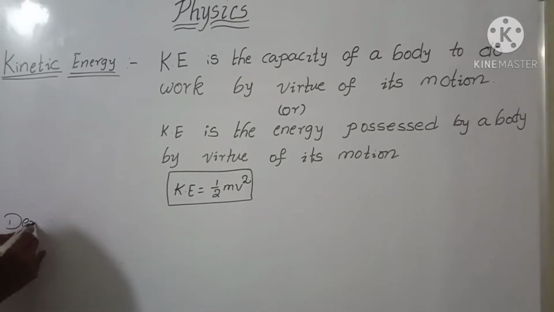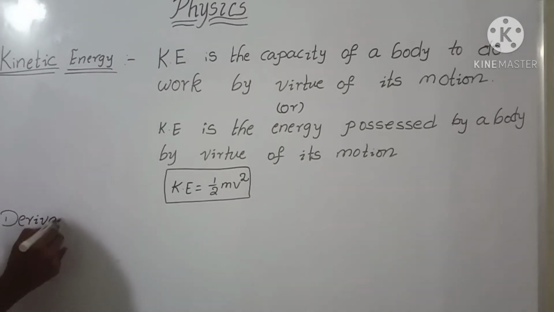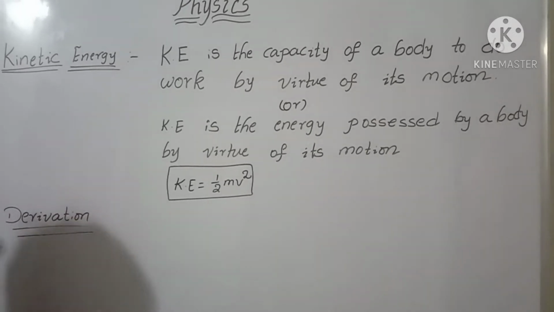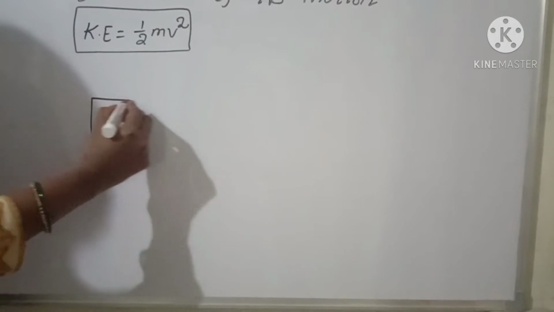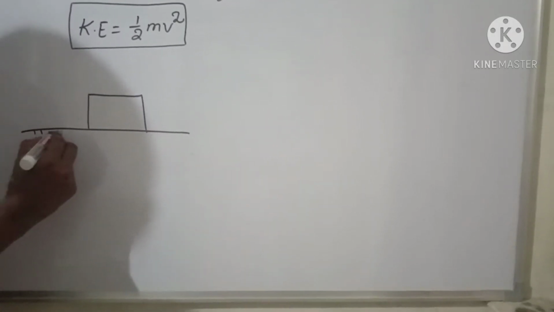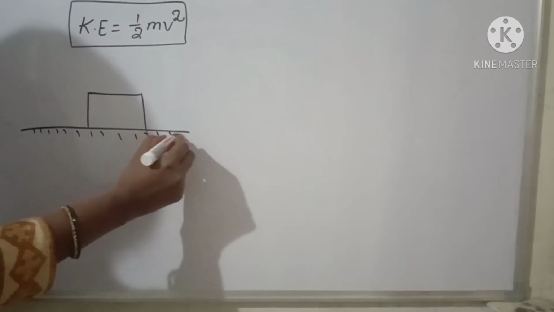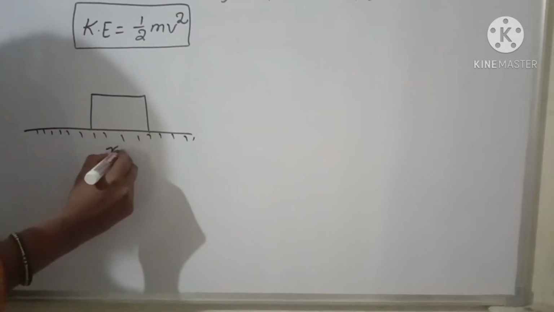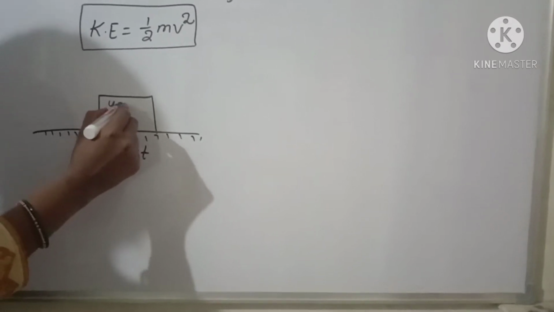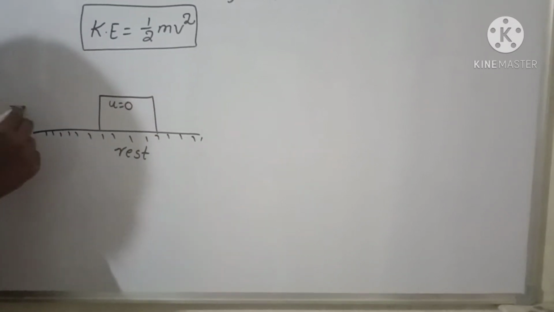And how do we get this equation? Let us see the derivation here. See the example, when a body is at rest on a table. The body placed on a table is at rest, so the initial velocity becomes 0, u equals 0.